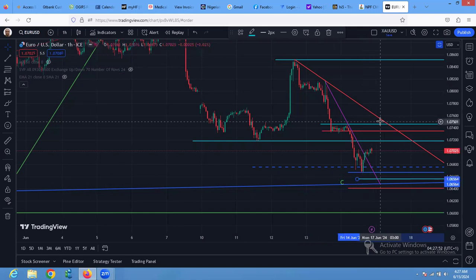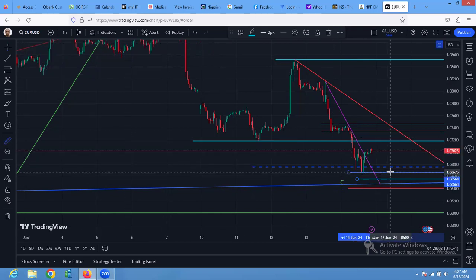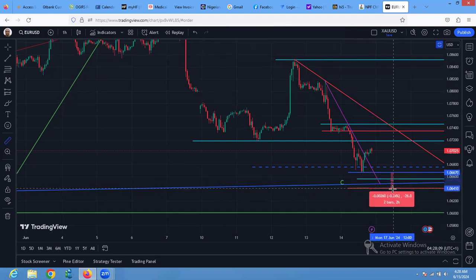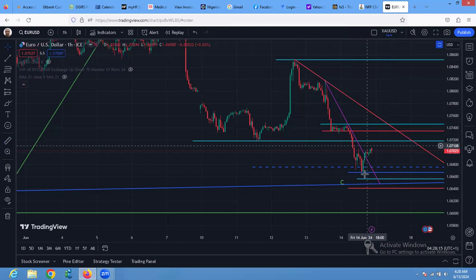Price may just push up from here. And price may want to come down again to take this area or take this area. So price may still break low by another 26 pips, 25 pips, but not more. But price may continue to push up from here without coming here.